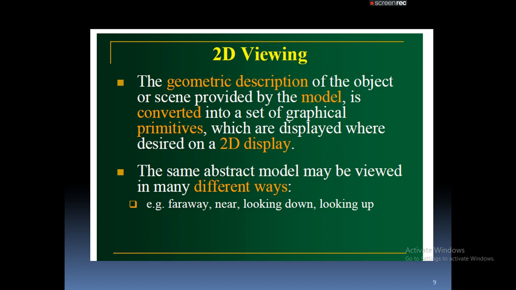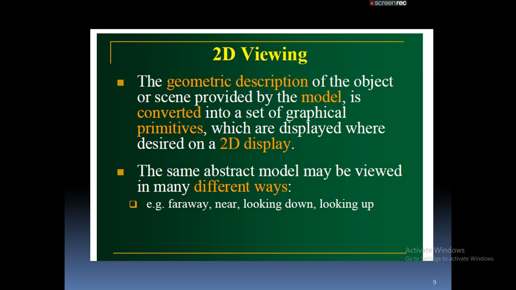The meaning is, after specifying the geometrical description of the object, we need to convert it into a set of graphical primitives, and this set of graphical primitives we want to display on the screen of the monitor.